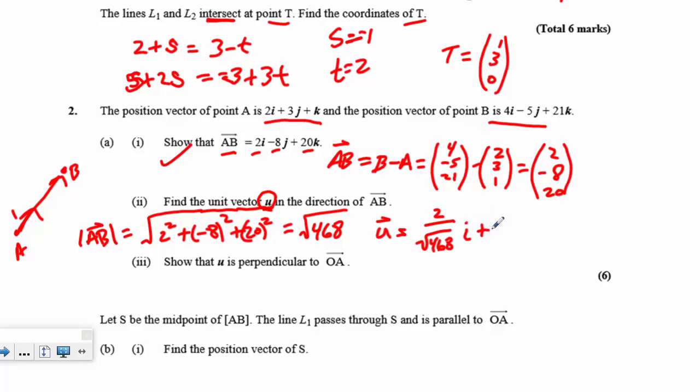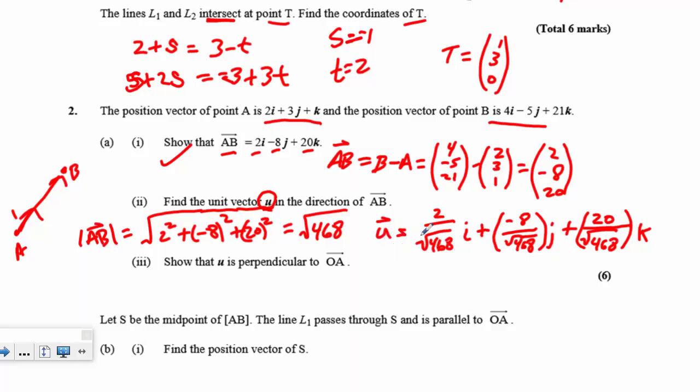And then plus, we're going to have negative 8 divided by root 468. That would be your j component. And then plus 20 divided by root 468, and that will be your k component. And that technically is your answer for the unit vector.